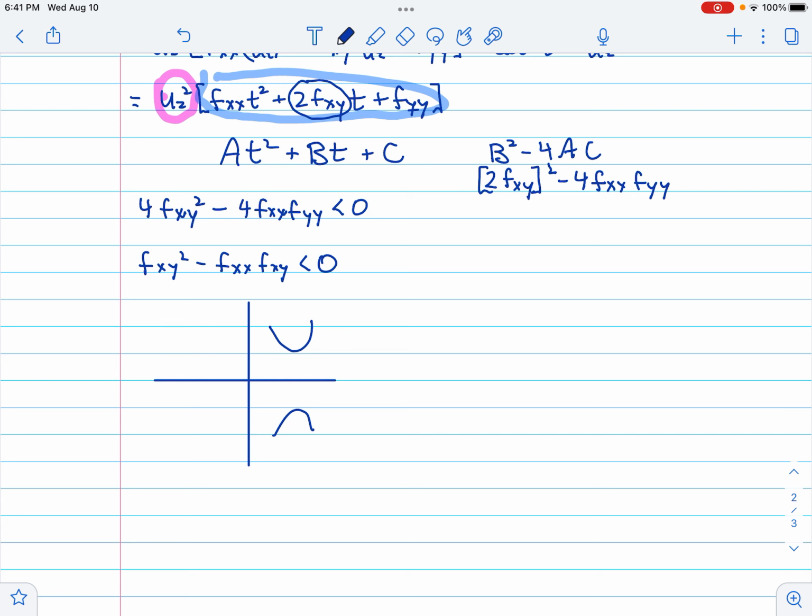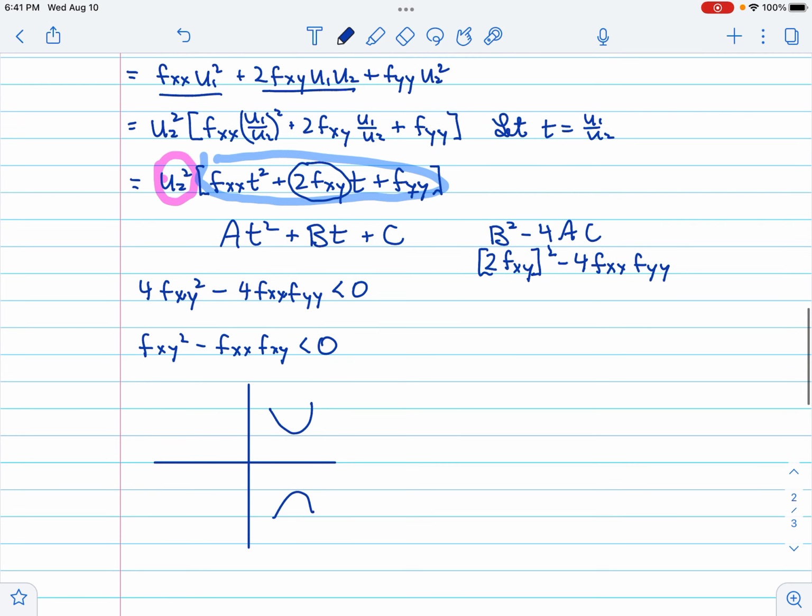Now, what does it depend upon? Well, it depends on A. So, this is fxx greater than 0. This is fxx less than 0. So this means concave up. This means concave down. So this indicates a minimum.